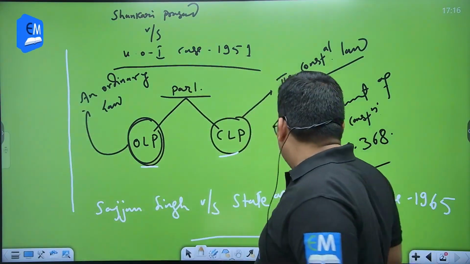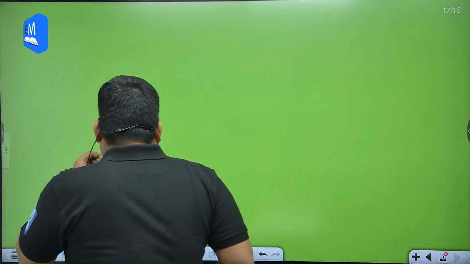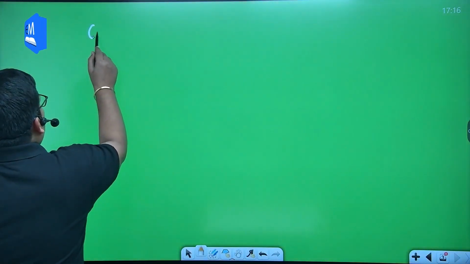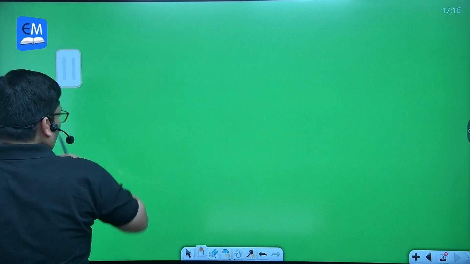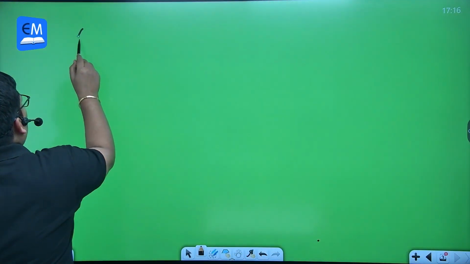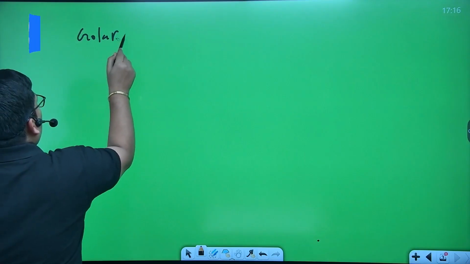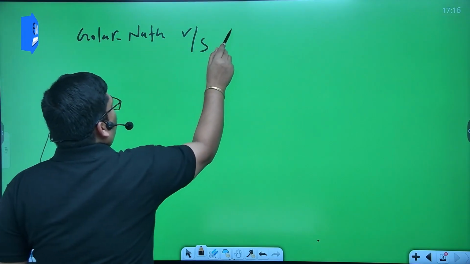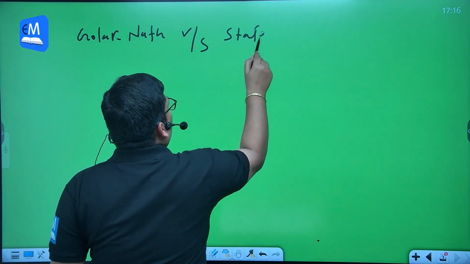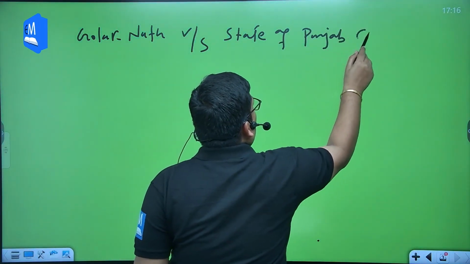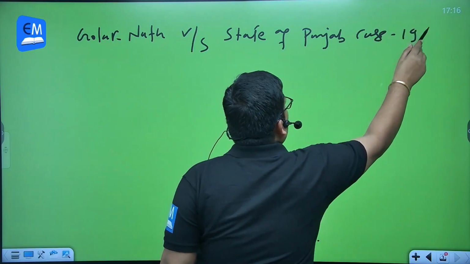But there was a U-turn in 1967 in the Golaknath versus State of Punjab case, 1967.